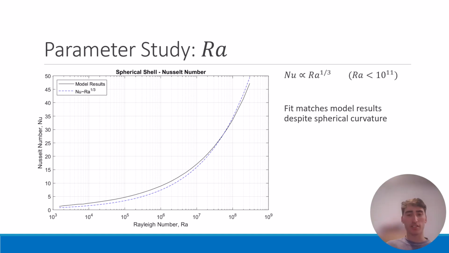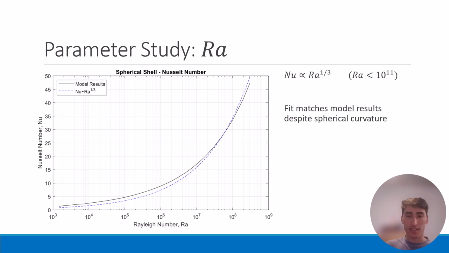Boundary layer models and theories predict that the Nusselt number, which compares the strength of convection to conduction, follows a simple power law relationship with the Rayleigh number, as you can see in the top right there. While this relationship has been validated in planar cases, its applicability to non-planar geometries has been disputed, especially at higher Rayleigh numbers.